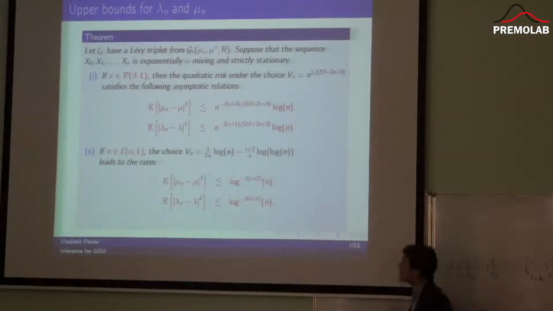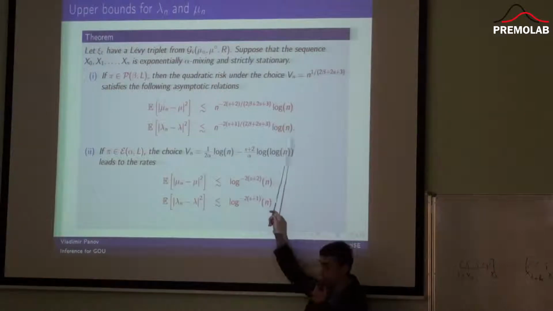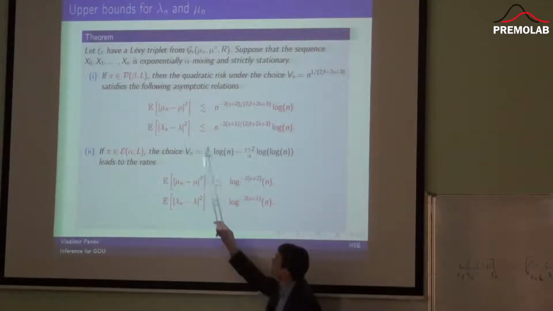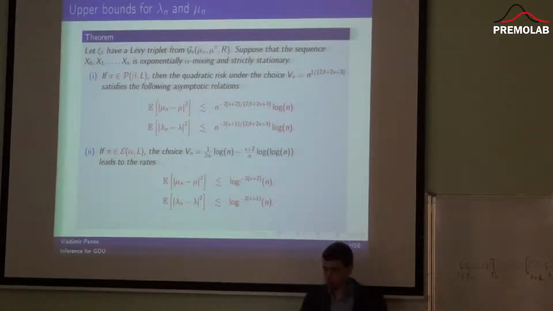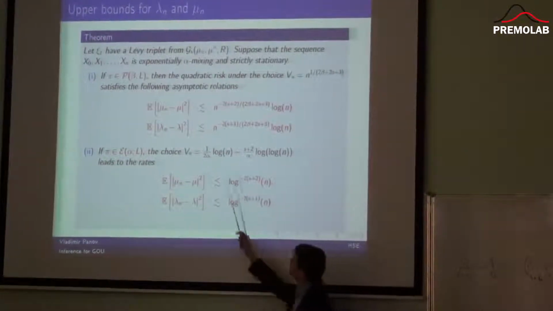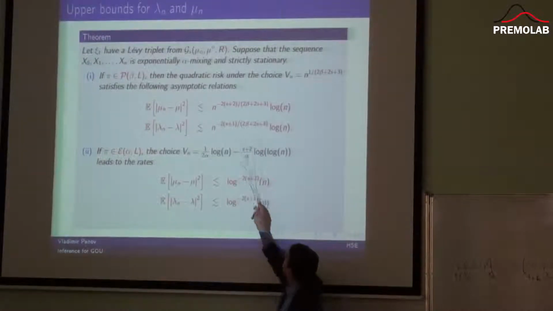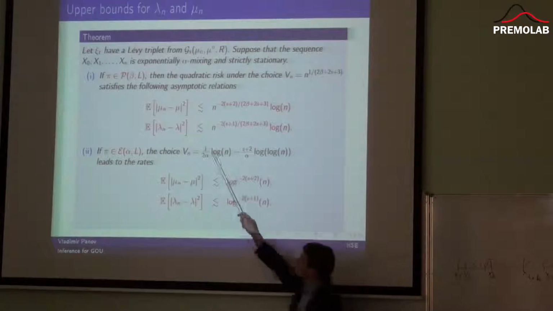As I told you, there is an essential difference between two behaviors of the Mellin transform. So the first case is when pi belongs to the family capital P. In this case, we have rates of convergence that are polynomial. And as you can see, the rates of convergence are very close to each other.